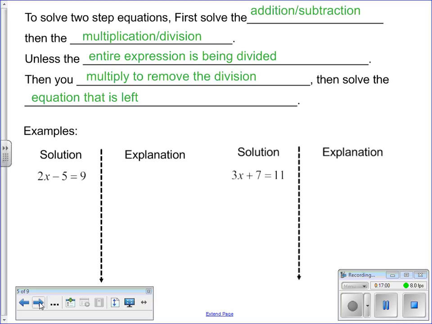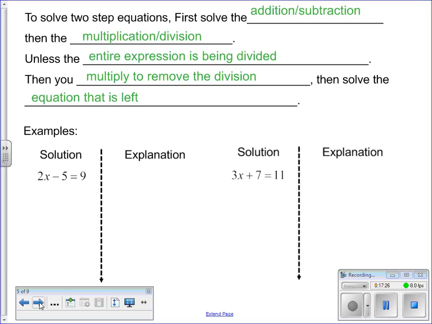So generally speaking, when you're solving two-step equations, you're doing the opposite of the order of operations. In order of operations, you do multiplication and division before you do your addition and subtraction. When you're solving it, you're doing it in the opposite order. You take care of your addition and subtraction first, and then your multiplication.